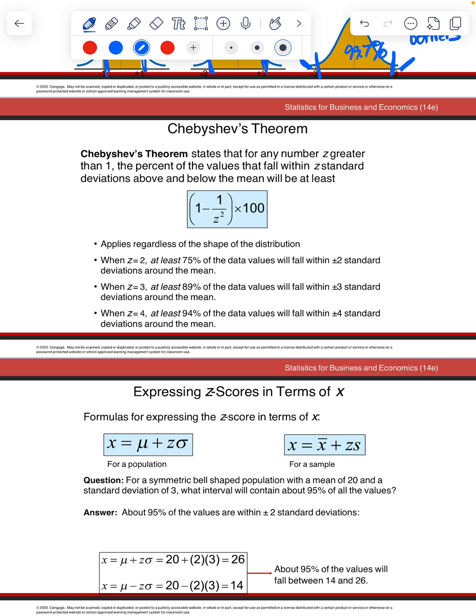Now, with Chebyshev's theorem, I'm not going to do a whole lot with that other than I want you to know that it's a mathematical rule similar to the empirical rule, except it applies to any distribution that is not symmetrical. So this is for not symmetrical distributions.